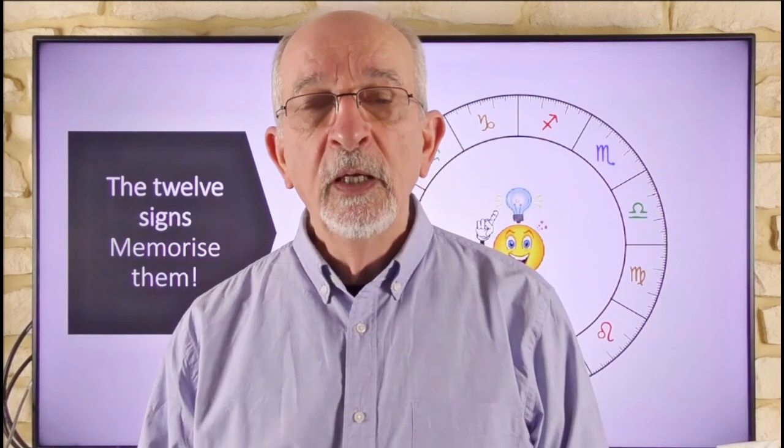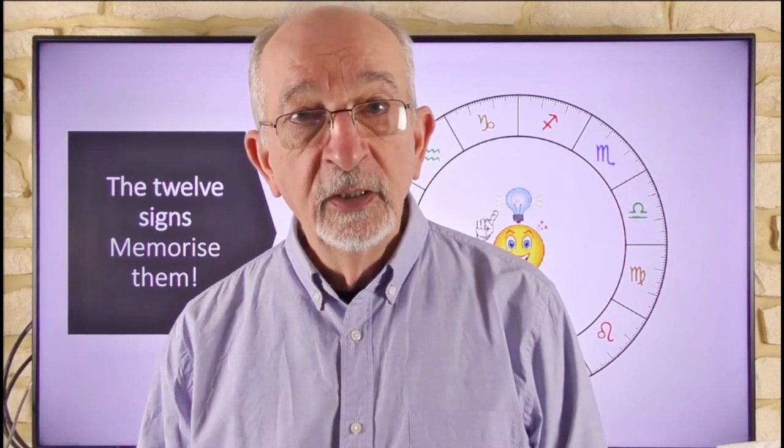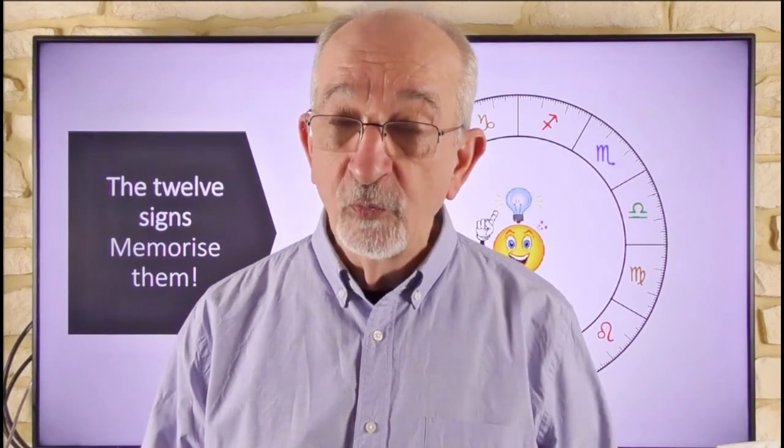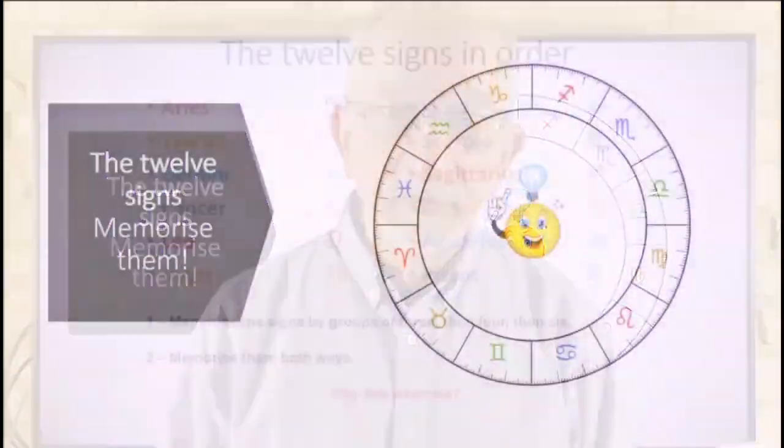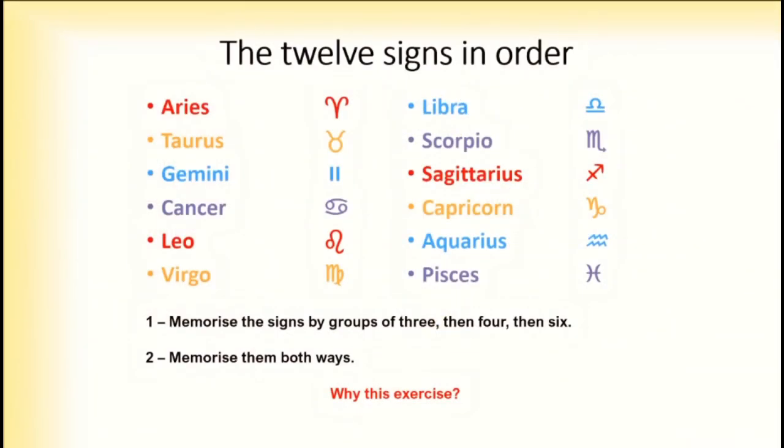For example, if you read something about astrology, many times these signs are written in this way. So remember them and learn them. We're going to do it together now, memorizing the signs. That is the next step.